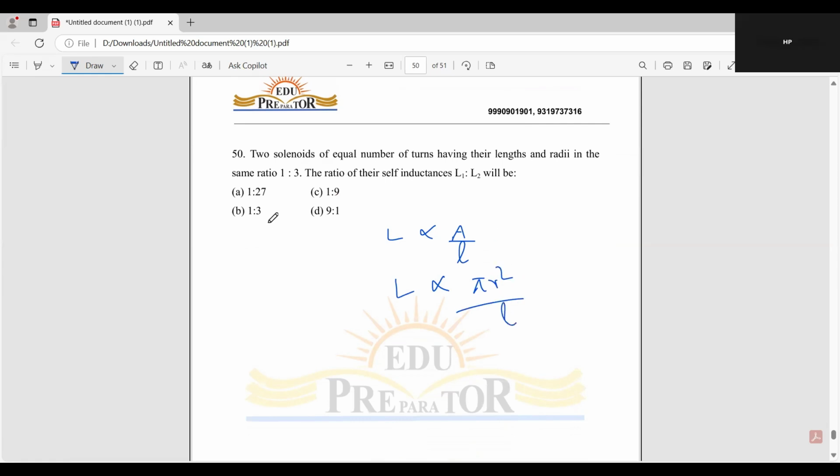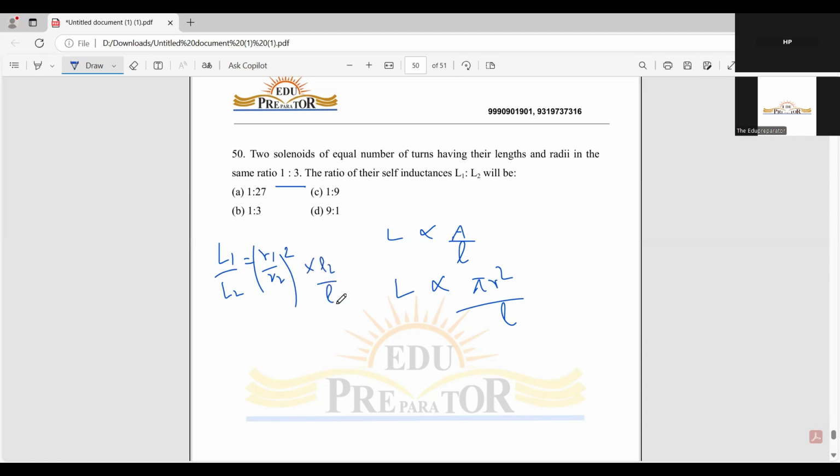Now the question says the length and radii are in the ratio 1:3. So L1 by L2 will be equal to R1 by R2 whole square into L2 by L1, right? So we have this coming to answer B, 1/3.